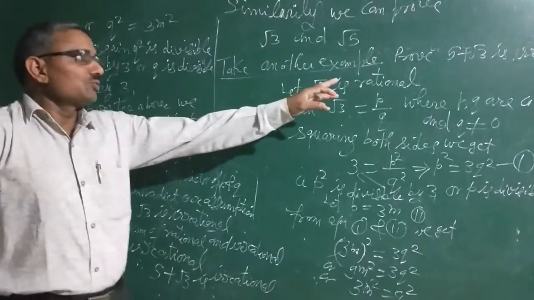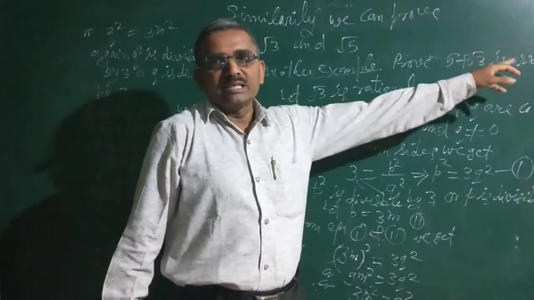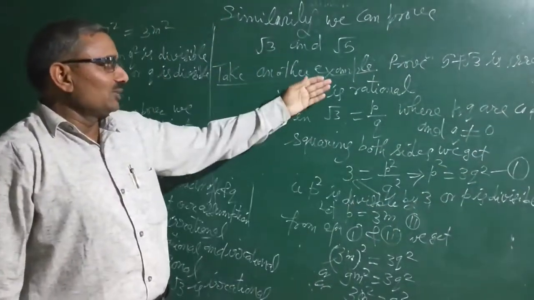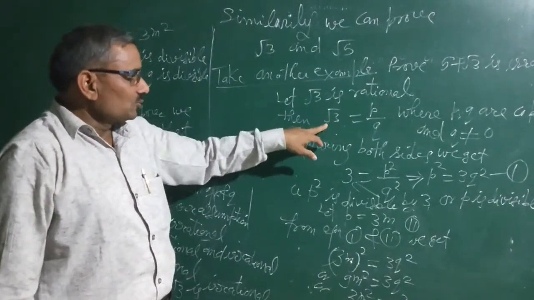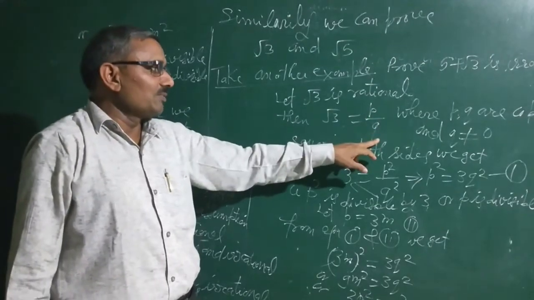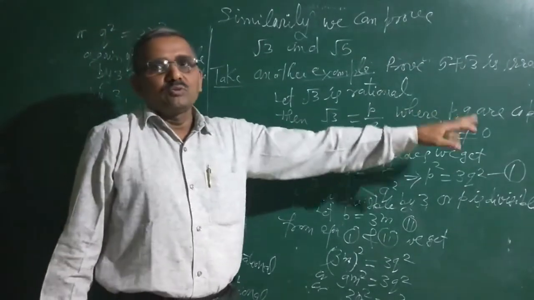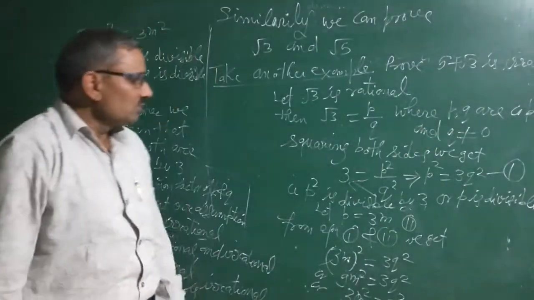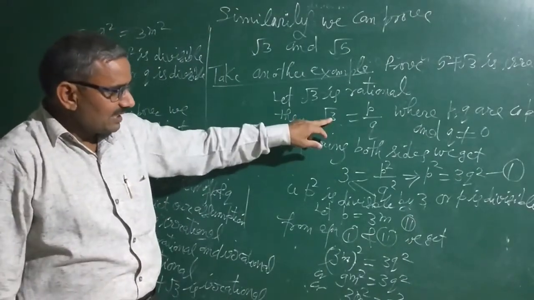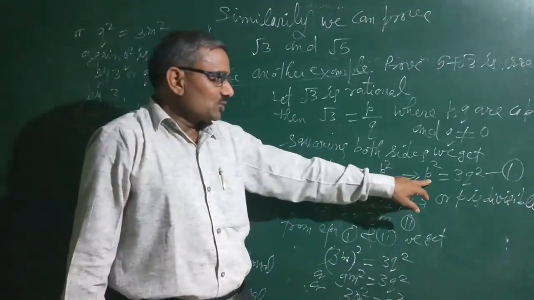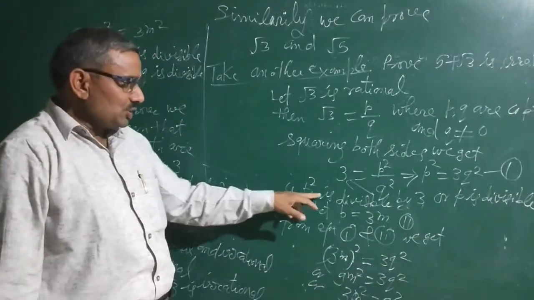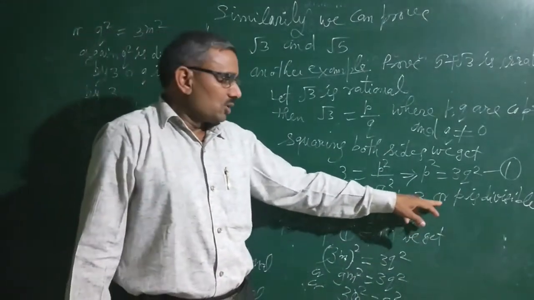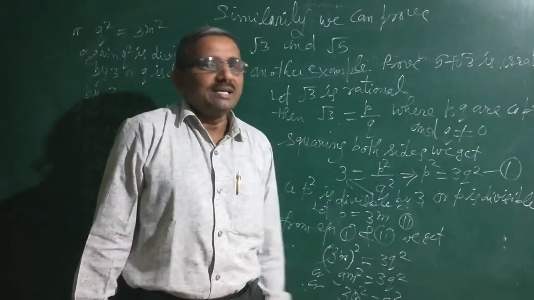Here, our aim is to prove that 5 plus root 3 is irrational. We have taken root 3 as rational, and then root 3 can be written in the form of p by q, where p, q are co-prime and q is not equal to 0. We have squared both sides and got p square is equal to 3q square. We know that p square is divisible by 3, so p is also divisible by 3.